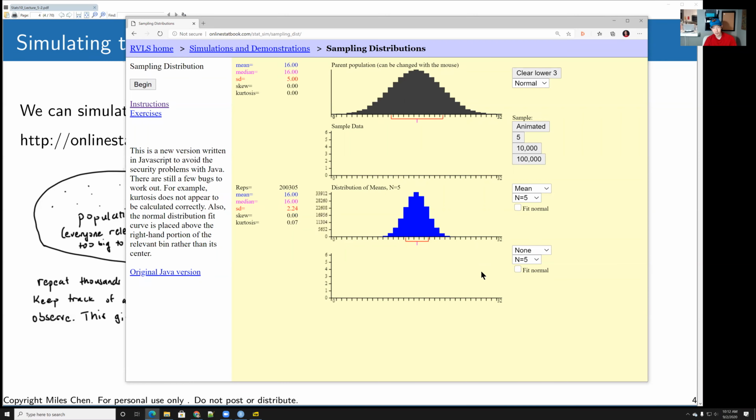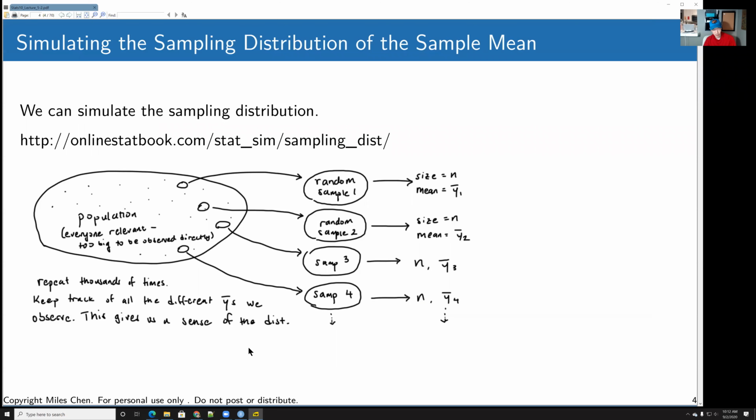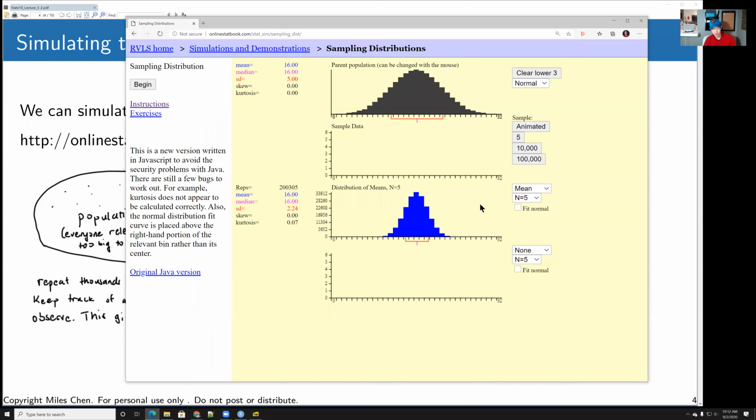Okay, now that I've done it 200,000 times, and we've kept track of every single Y bar, so I've got about 200,000 different Y bars or 200,000 different sample means that I've kept track of. Now I have the distribution of those sample means, the distribution of means, when my sample size is 5.